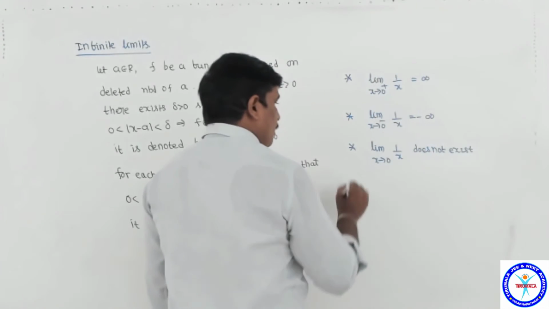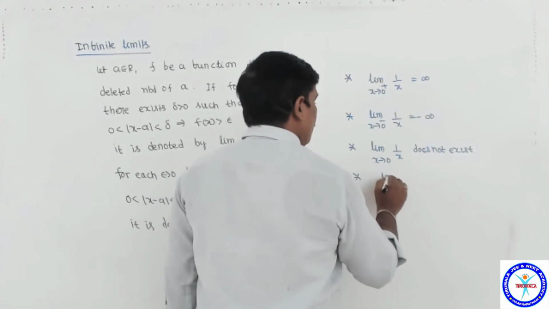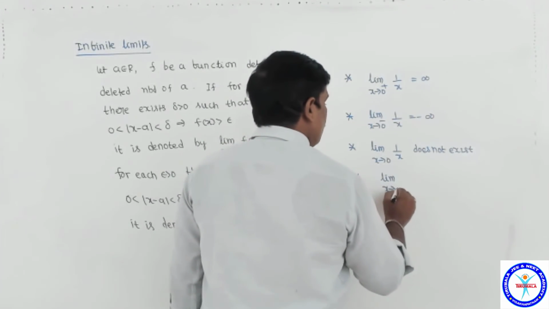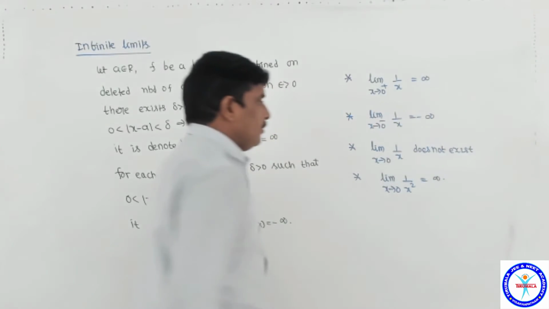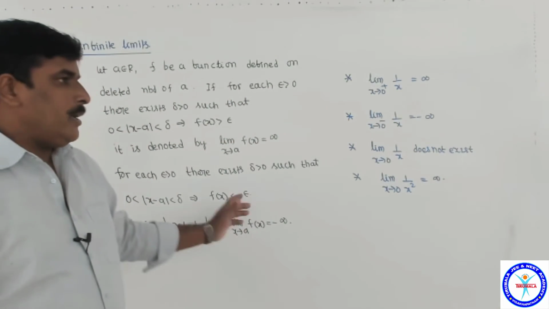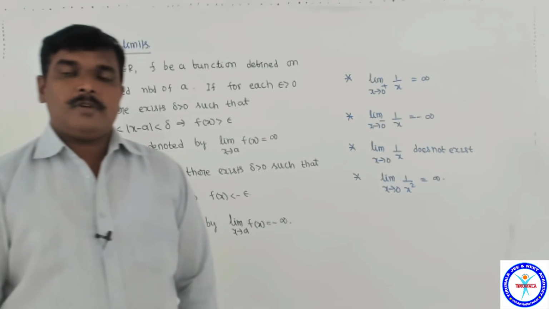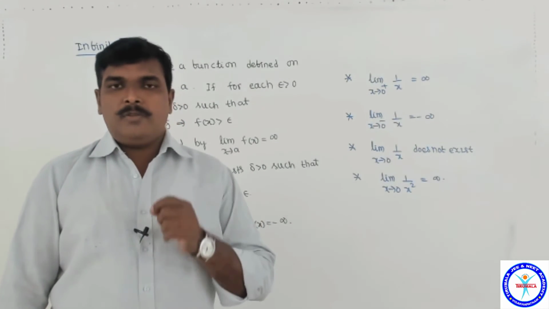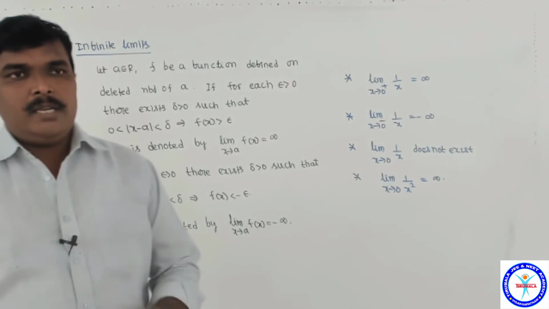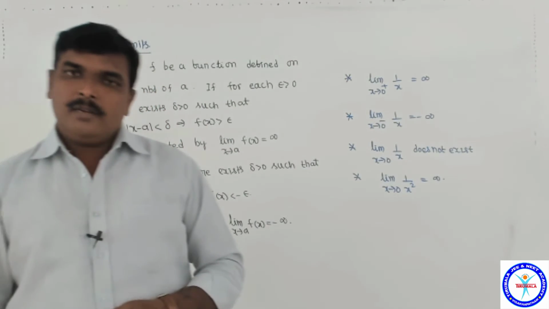Okay, and also limit x tends to 0 of 1 by x square is plus infinity. Okay, students, write down, these are the examples of infinite limits. So here I explained indeterminate forms, limits at infinity, and infinite limits.